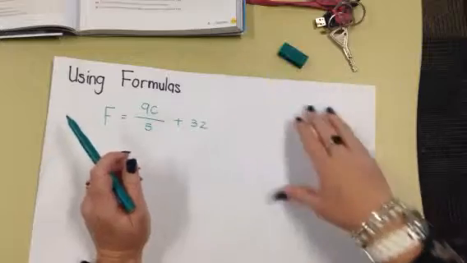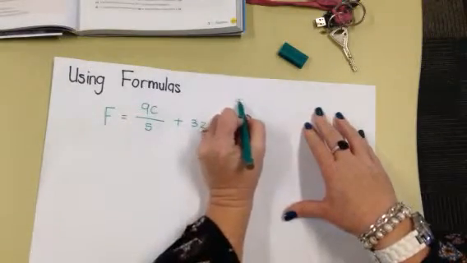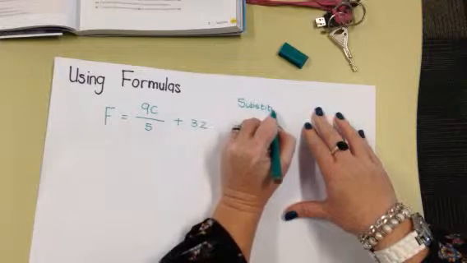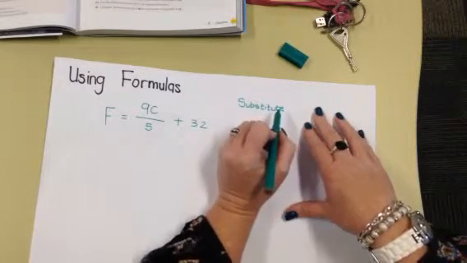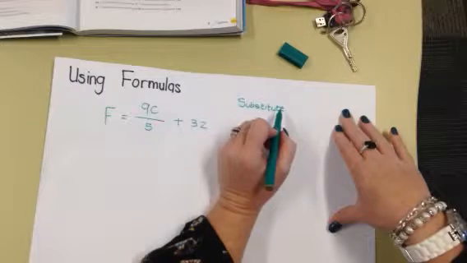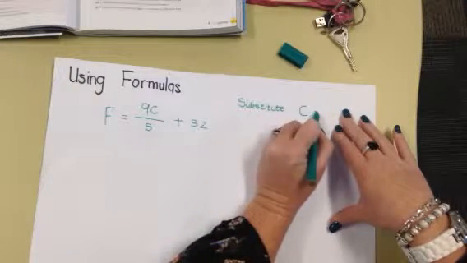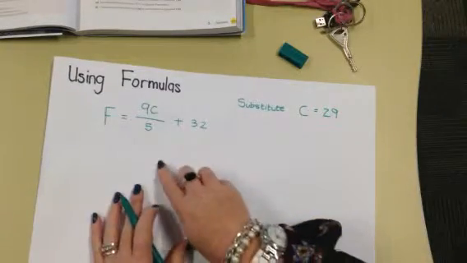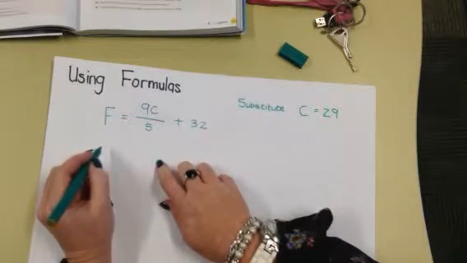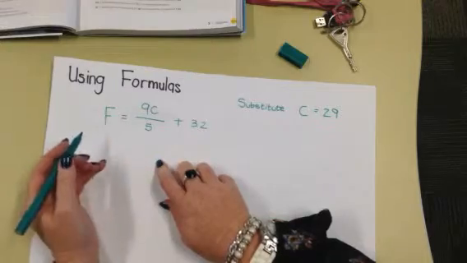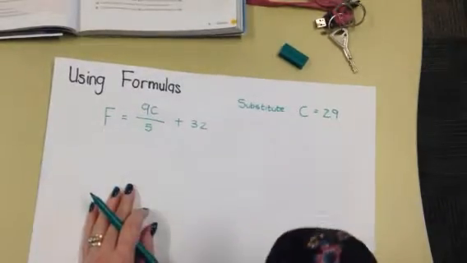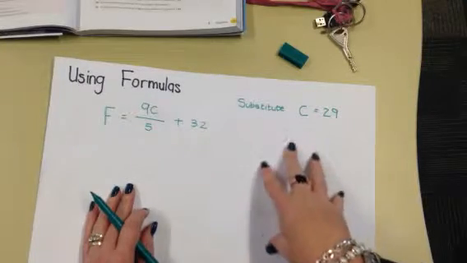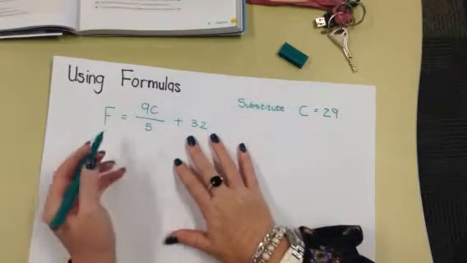Now, if the question will say, substitute, because we've heard that word before, remember we put it in its place, substitute the value of c is equal to 29. Right, so now they want to know what is F. And what this actually is how you change Fahrenheit, which is what Americans use for temperature, into Celsius, which is what we use for temperature.